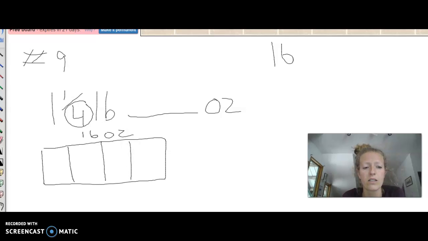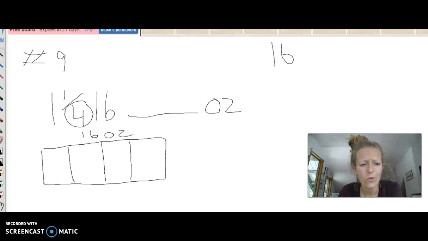All right, so I have 16 of something, and I need to think what times 4 is going to give me 16. What am I going to have 4 groups of that is going to give me 16? We know that 4 times 4 equals 16. And you might know that just from your multiplication facts, or you could work it out.